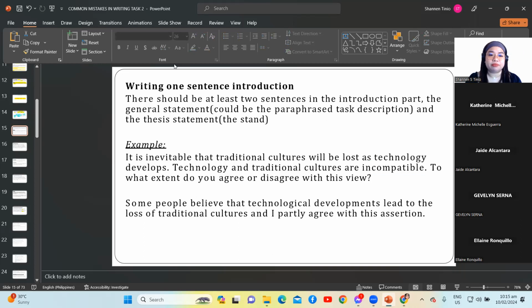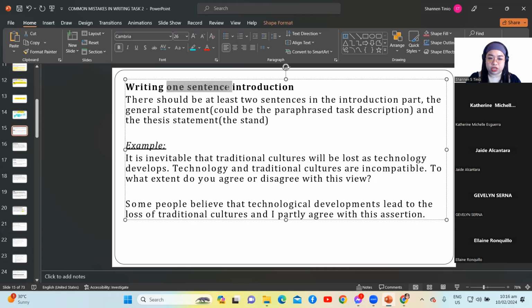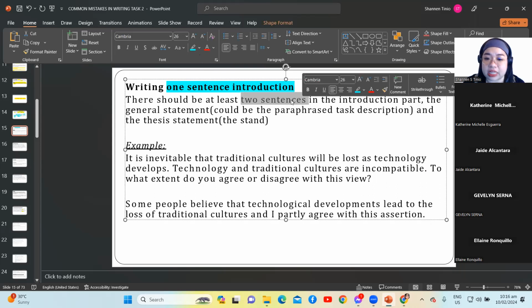All right. Now let's check other ways, or these are some tips and guides on how to write effective introductions in your answers in the writing subtest. So, in writing one sentence introduction, you have to make sure that there are two important sentences that should be included in the introduction part.